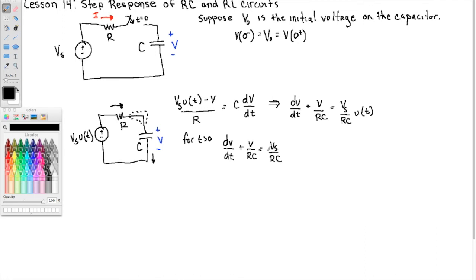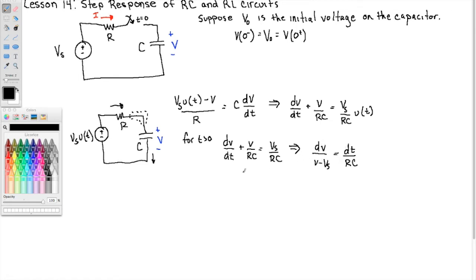We can rearrange a little bit and separate the variables to get dV over V minus Vs equals negative dt over RC. We're going to solve this differential equation by using the method of separation of variables. Everything with a V is on the left, everything with a t is on the right.